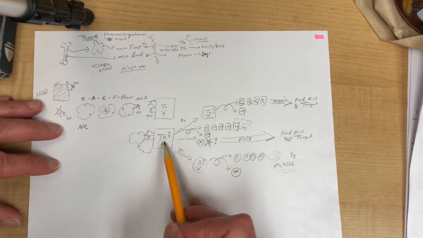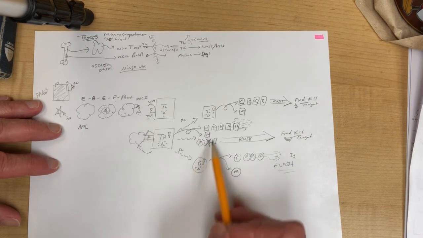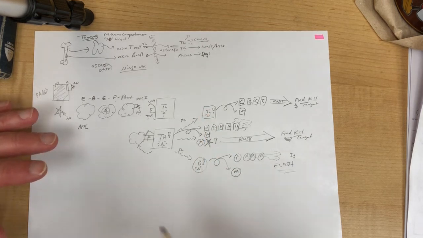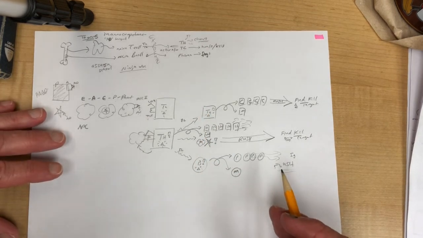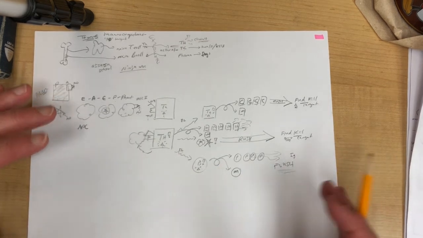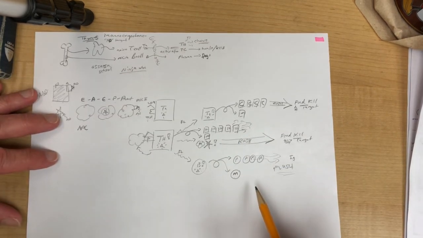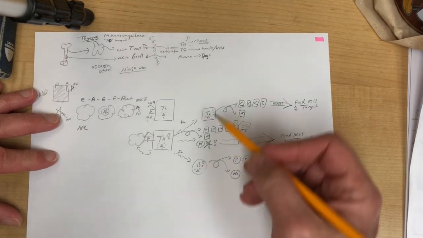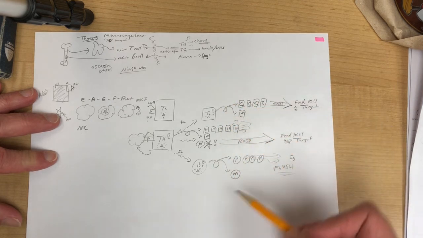So without the helper T cells communicating so efficiently, the attack is uncoordinated against this invading virus and other existing diseases. So people don't really die from HIV, they die from secondary diseases that are not being suppressed by this coordinated attack right here.